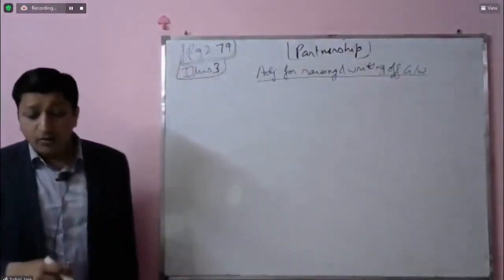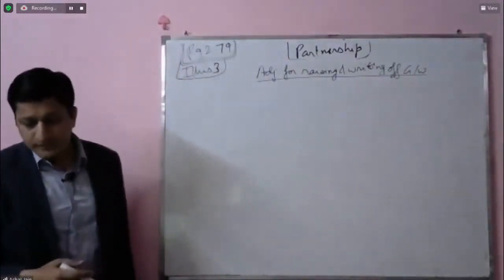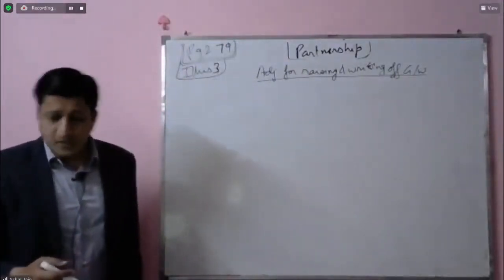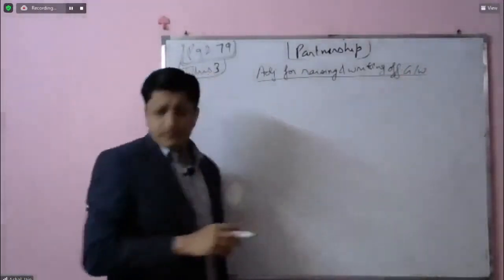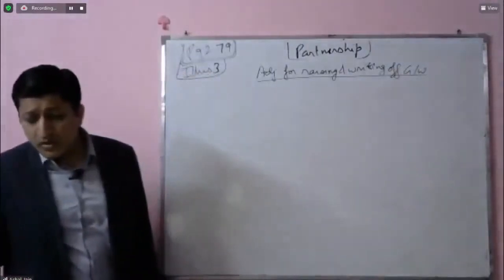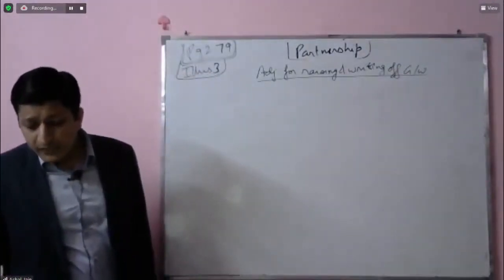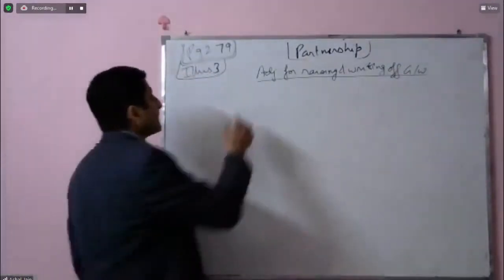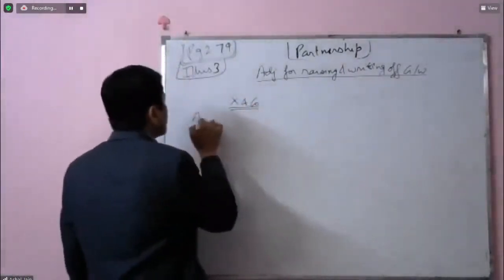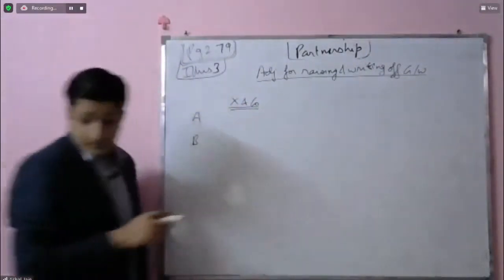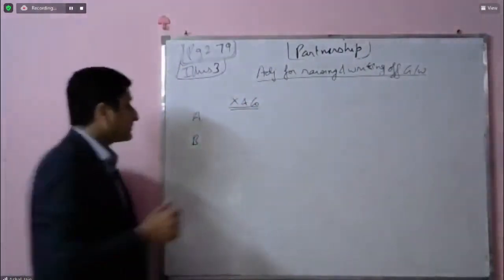It's saying how the goodwill will be adjusted in the books. So first of all, goodwill will be raised in the books of old firm. What's the amount? It's 75,000 for X and company, which had A and B. 75,000 is the total.